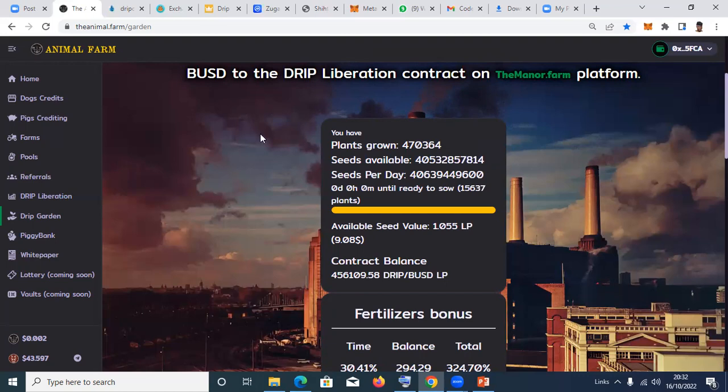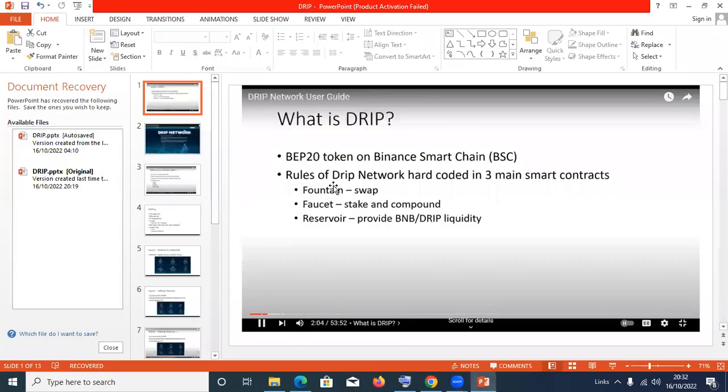And it's basically called staking. So, on a very quick one, the DRIP network itself is subdivided into the animal kingdom, and then the Fountain swap, the Faucet, and the Reservoir. All these packages generate revenue for you on a daily basis.